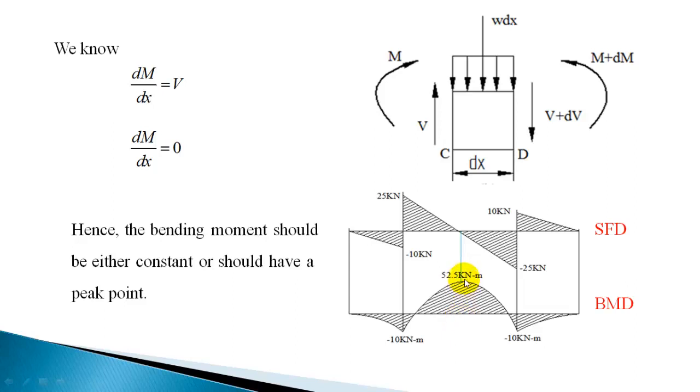Okay, that can be maximum or minimum. So this relation suggests that whenever shear force comes to 0 at any point, there should be a peak point for the bending moment curve, and that point is going to be important for us. When shear force is 0, since we are having a peak for the bending moment, that point has to be marked in the bending moment diagram.